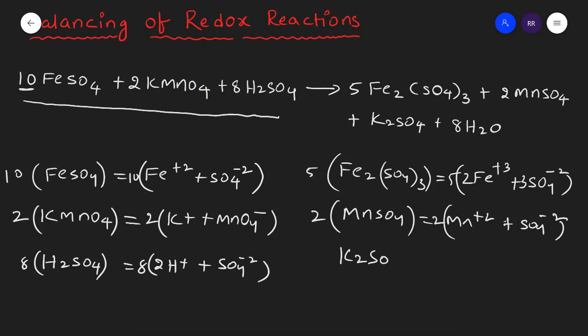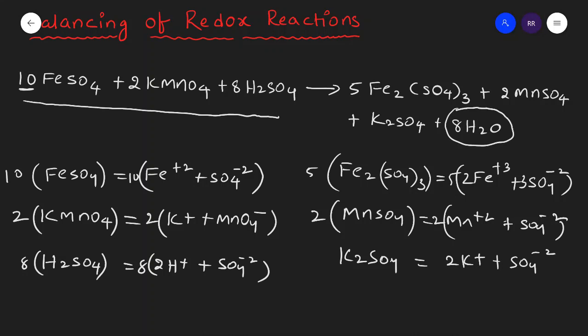K2SO4 can be written as 2K plus and SO4 minus 2. Here the stoichiometric coefficient for K2SO4 was only 1. And water, it is a non-electrolyte.